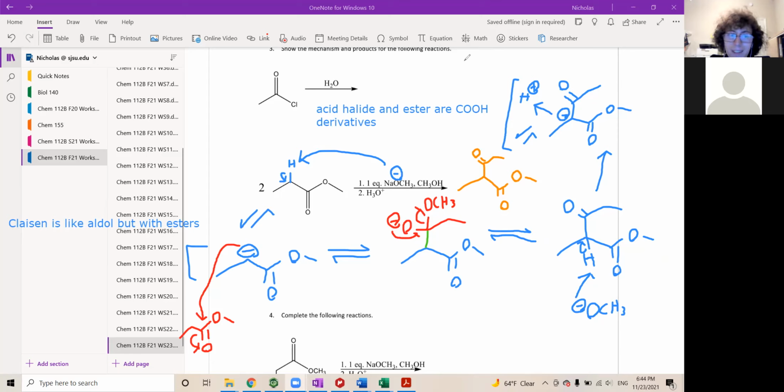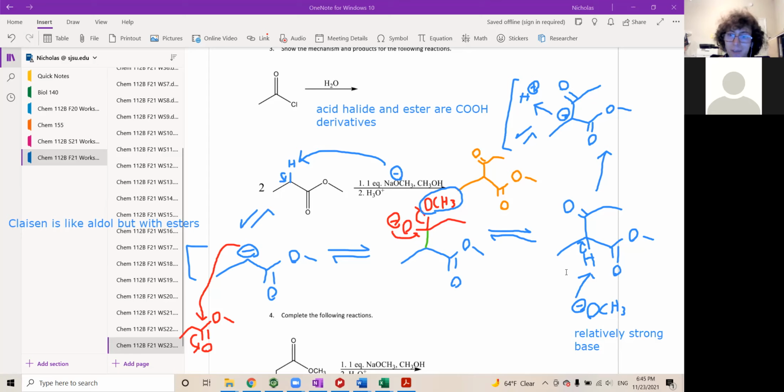Yeah, it seems kind of redundant, but when we kicked out the leaving group here in the last step, that's what led it to the OCH3 minus. And then this is a relatively strong base. So you can't stop it from taking that hydrogen because that hydrogen is pretty strong for an acid.